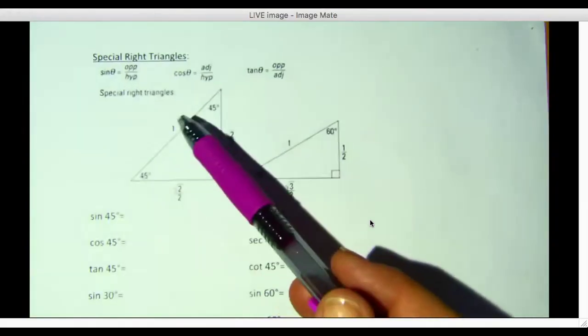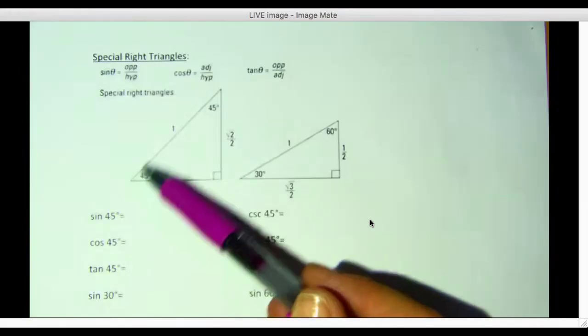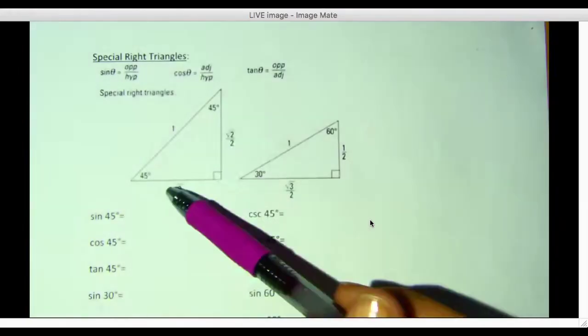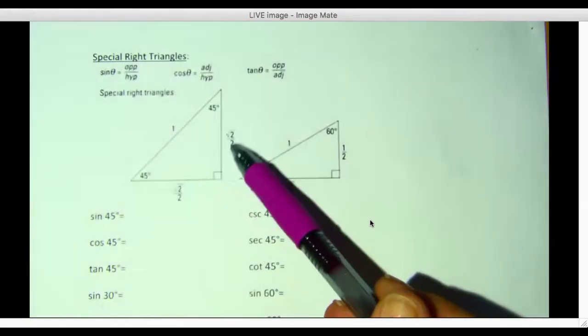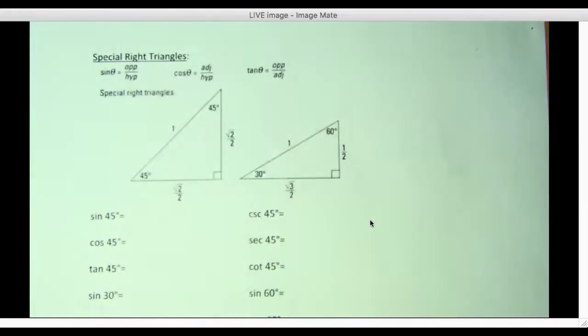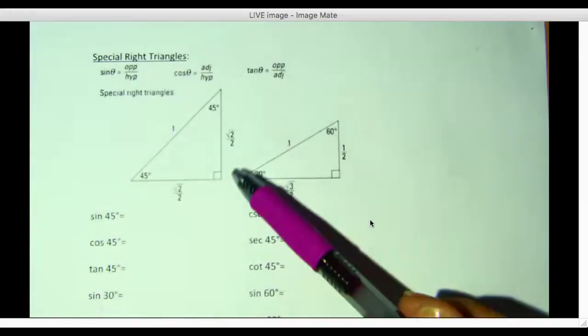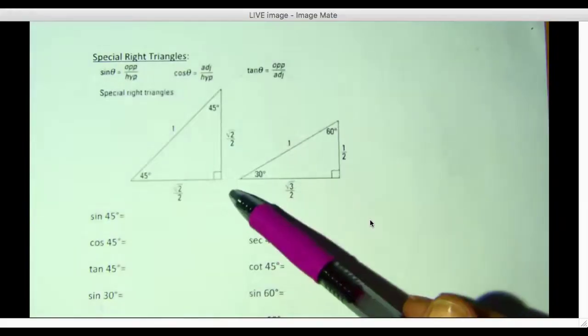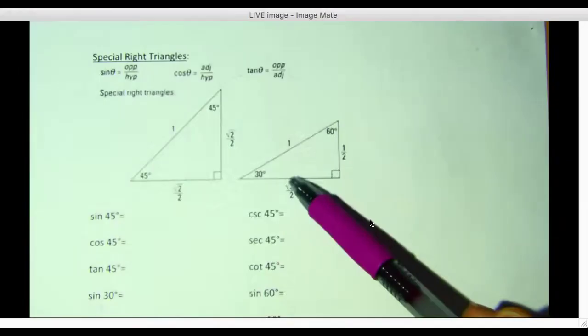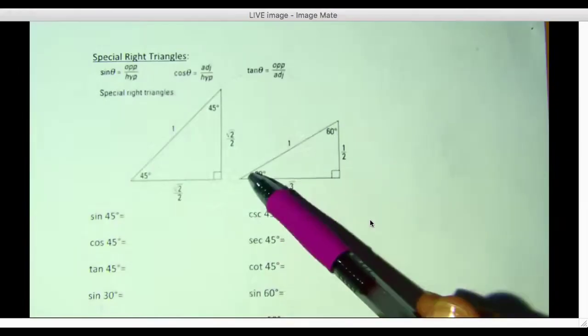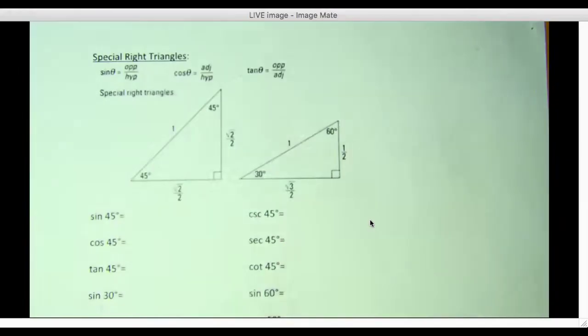So if I have a 45, 45, 90 triangle, the legs are root 2 over 2, and the hypotenuse is equal to 1. If I have a 30, 60, 90 triangle, the hypotenuse is equal to 1. The side opposite of 60 degrees is root 3 over 2, and the side opposite of 30 degrees is 1/2.